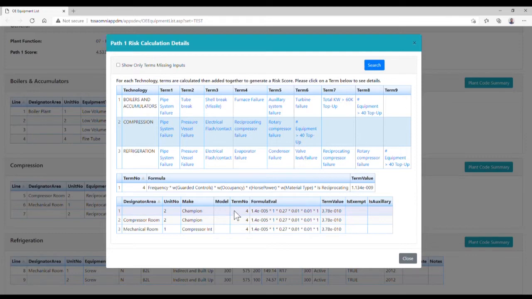So the base frequency for reciprocating compressor failure is, if you look at table 6, 1.0 times 10 to the negative 5. The guard controls stays the same, so it's 1 because there's guard controls. Occupancy is the same, so it's 0.26 because it's food processing. So the horsepower, or power rating, you remember it was 18.6.